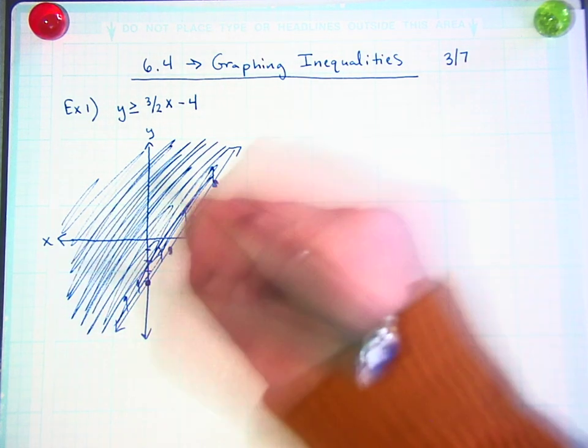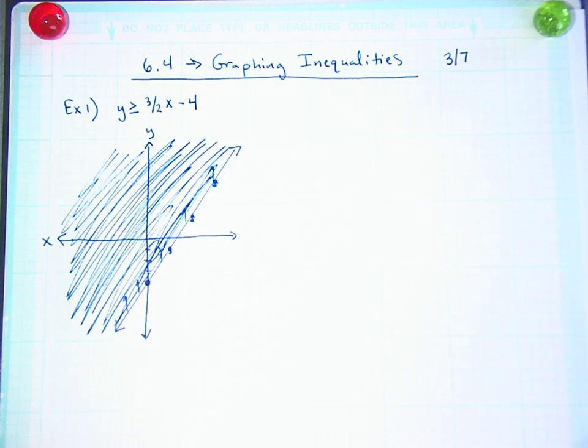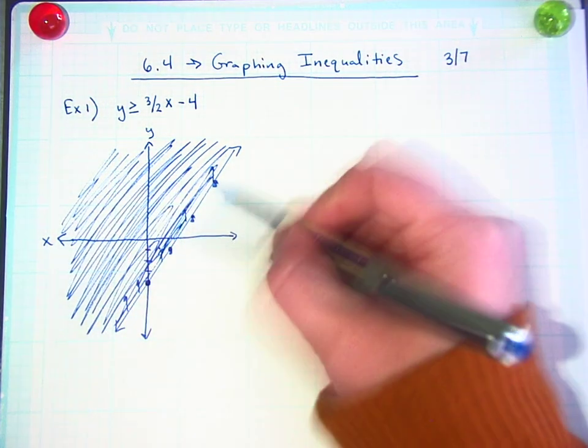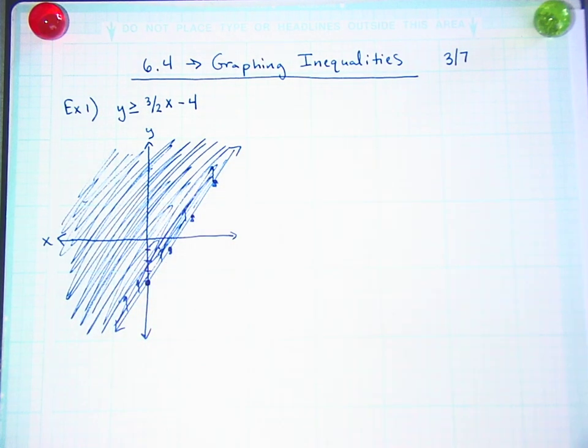Now here's the challenge. Please do not think that above always means on the left. Because if the line was slanted the other way, then it'd be shaded on the other side.